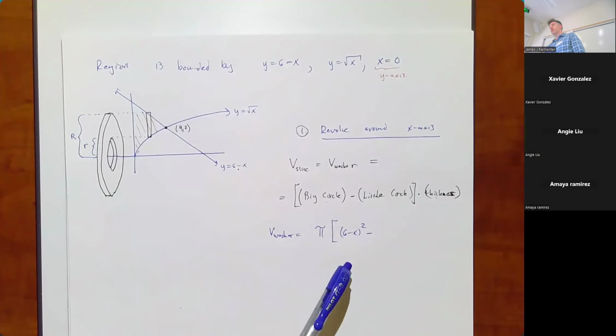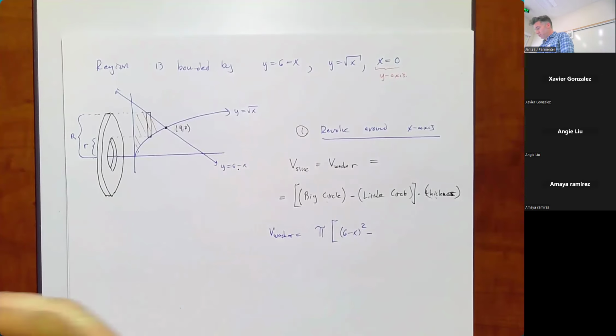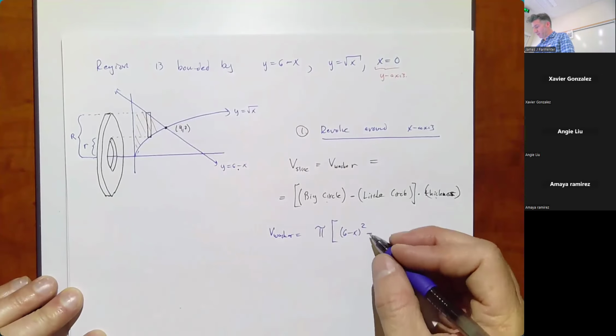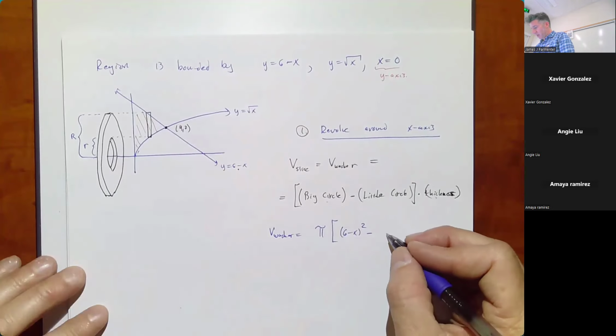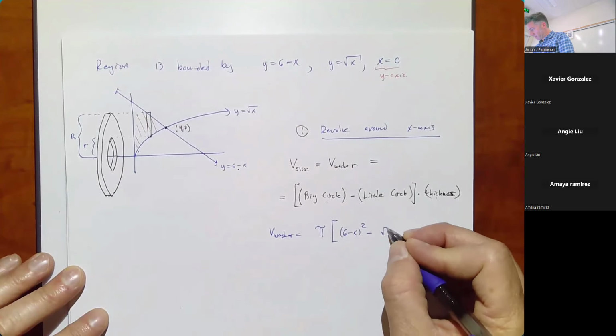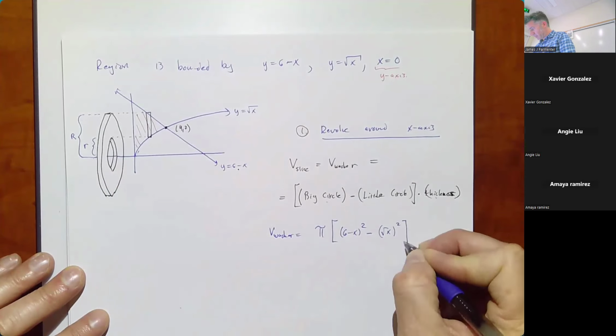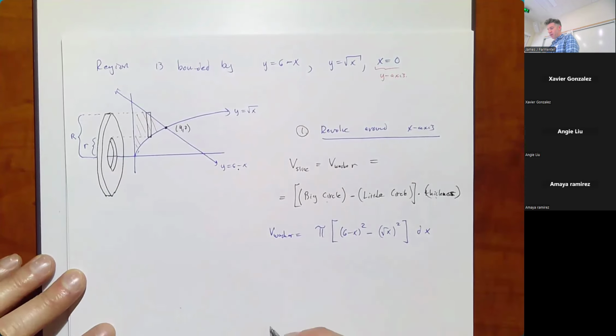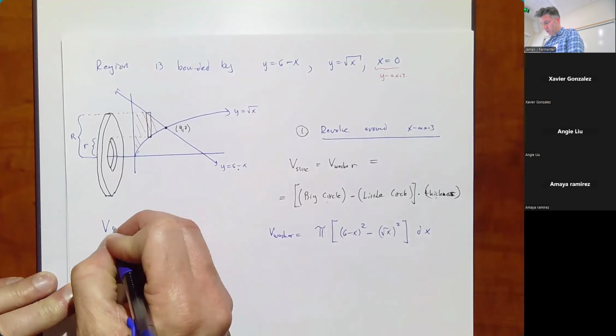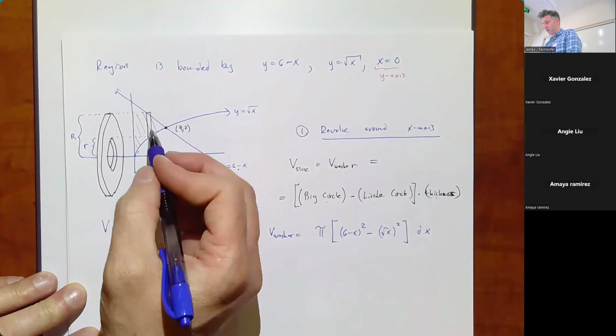The big radius is the function that's further from the axis of rotation, and the little radius is the function that's closer to the axis of rotation. So 6 minus x squared for the function further from the axis of rotation, and square root of x closer, times dx.